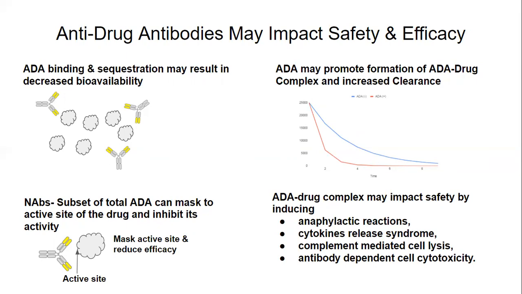This neutralizing antibody masks the active site and therefore inhibits the function of the drug, and therefore they hinder the intended effect of the drug. The anti-drug antibody may also impact safety by inducing anaphylactic reactions, cytokine release syndrome, complement-mediated lysis, and antibody-dependent cell cytotoxicity.